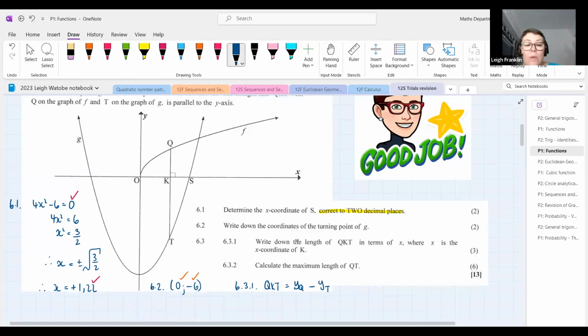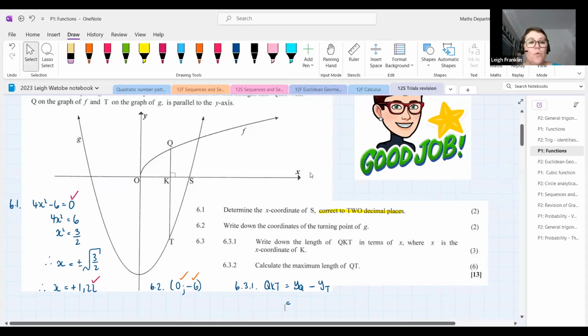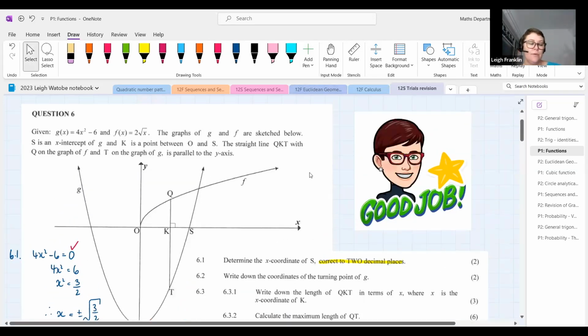So how will we express the y at q? The y at q is? Q is a point on F. So the y at q is what f of x is equal to. So that's 2 root x.